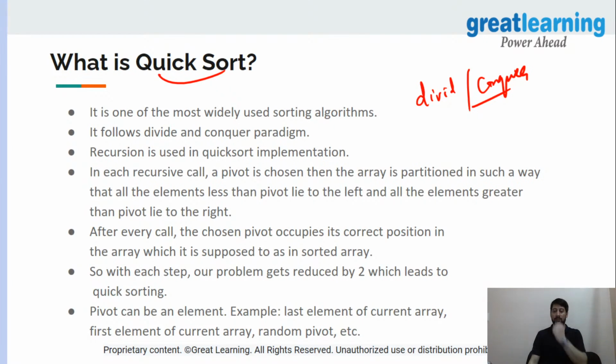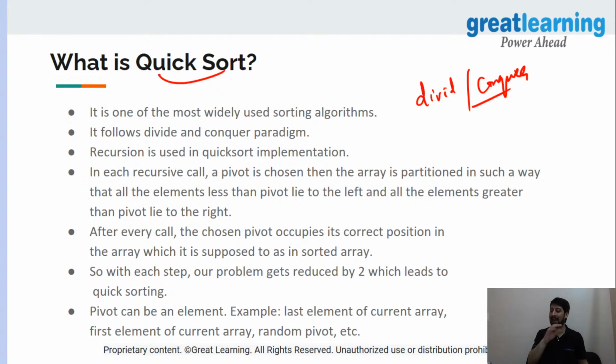Okay, great. So it follows the paradigm of divide and conquer. Every time you take your search space, or whatever the array is, you divide it into further sub problems, then those problems will be conquered, and you will understand how divide and conquer holds in quicksort. We'll be using recursion, and you will have something known as the pivot element in quicksort, which is nothing but an element, and you can choose any element as pivot. In this case I will be picking the last element.